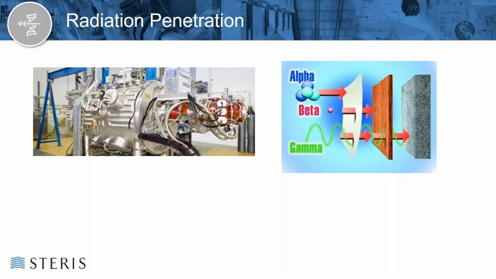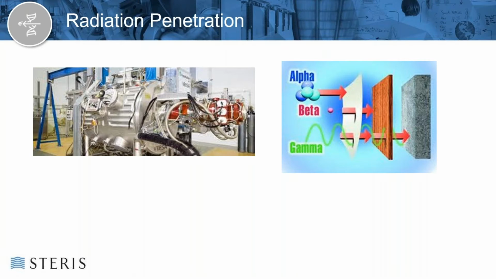The picture on the right is just giving you some general concepts about radiation penetration. The top type of radiation there is the alpha particle. It's a helium nucleus. It can be emitted by certain radioactive isotopes. It's a very large charged particle consisting of 2 protons and 2 neutrons.